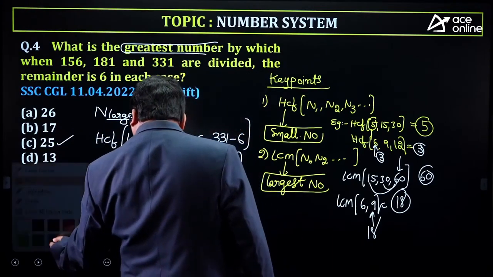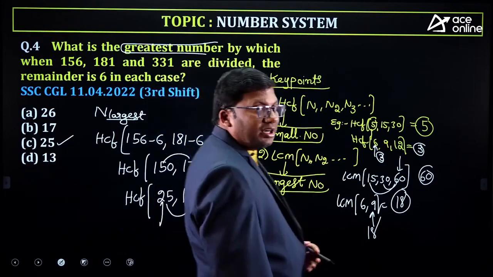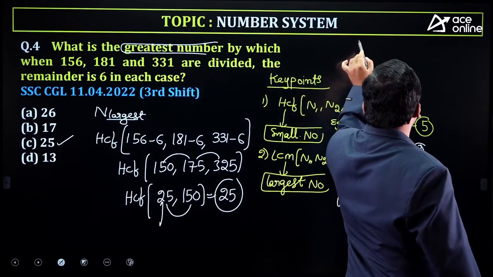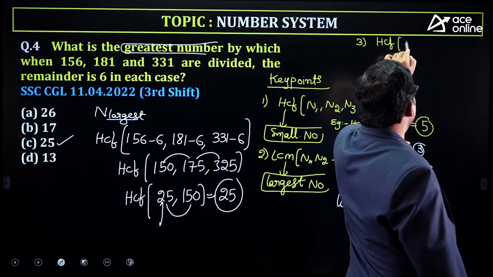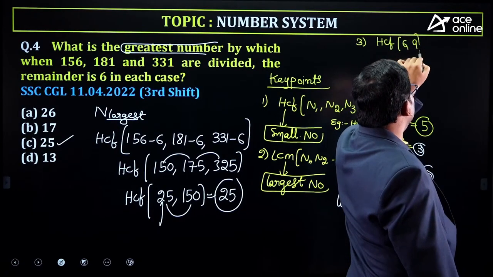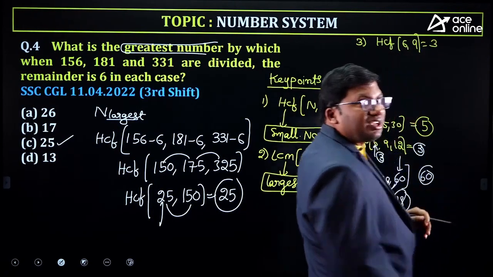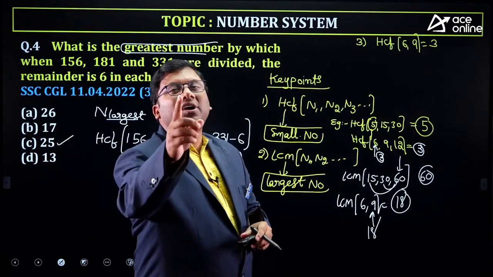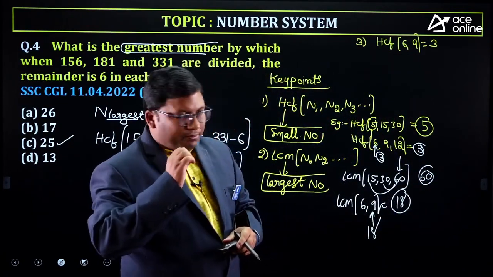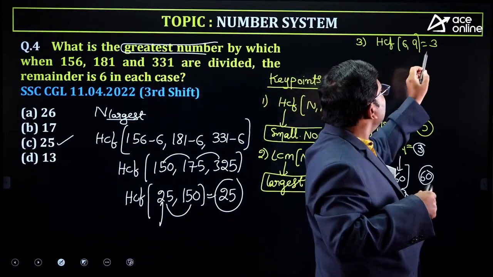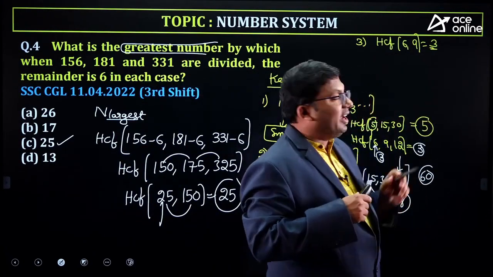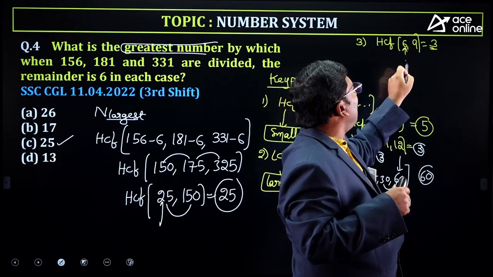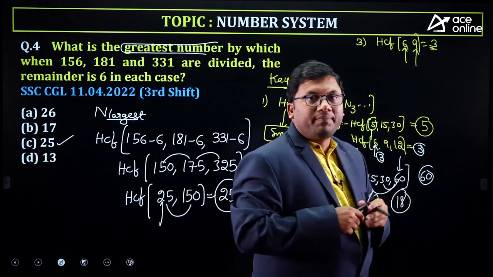Another important point. Listen carefully. The same example, if we take HCF of 6, 9, it is 3. One important conclusion: please watch the example. Answer is divisible by 3. Answer will be divisible by k only when all the input numbers are divisible by k.